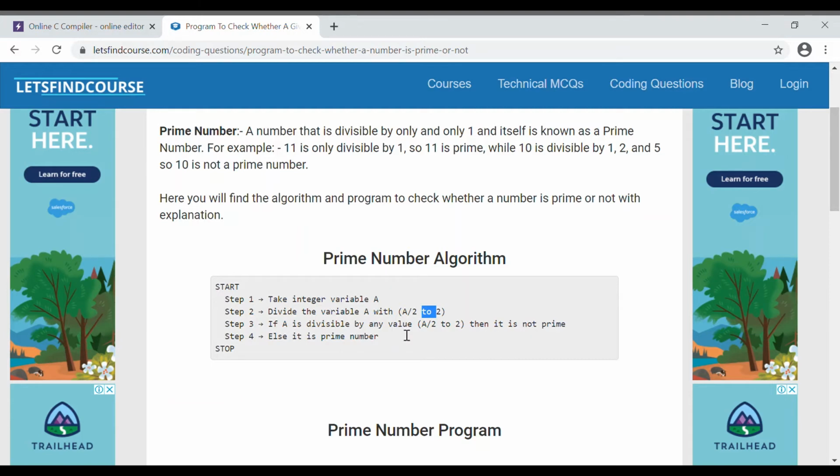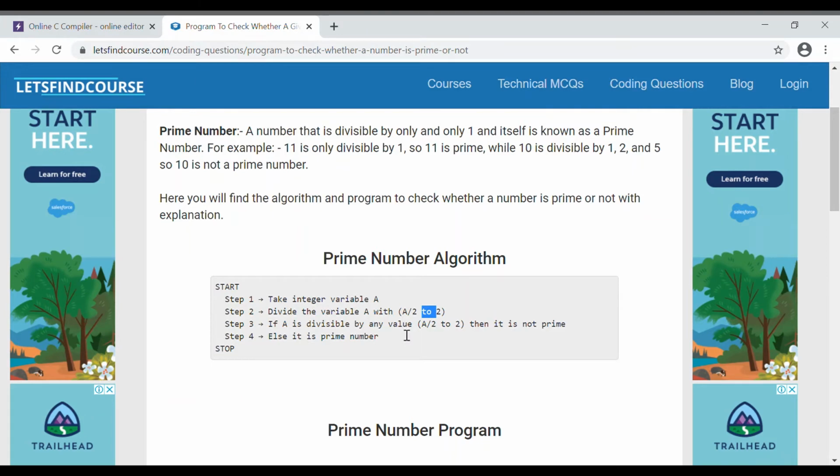It is a mathematical concept: if a number is not divisible by half of its range, then it will not be divisible by the remaining part. As I have already explained, for 11 we divided to get 5.5, the higher number is 6, so we have to check divisibility of 11 from 2 to 6. If 11 is not divisible by any number between 2 to 6, then it is called a prime number.